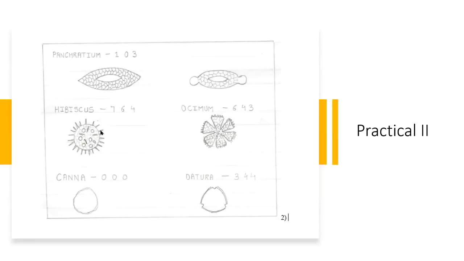This is a spherical shape. This is also a spherical shape. This is not exactly spherical. It is somewhere between triangular to spherical. This is again spherical. So that is how you have to conclude by checking the polar axis as well as equatorial axis. Take a ratio multiplied by 100. Okay.